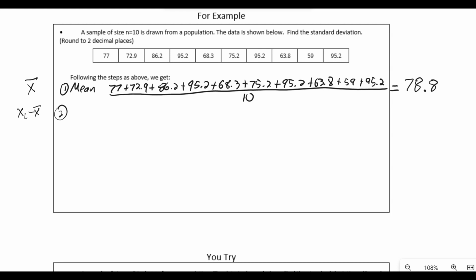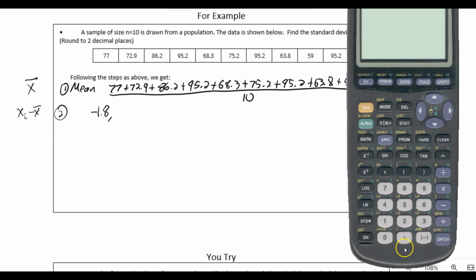All right, so 77 minus 78.8 is negative 1.8. So this is just a list of subtractions.